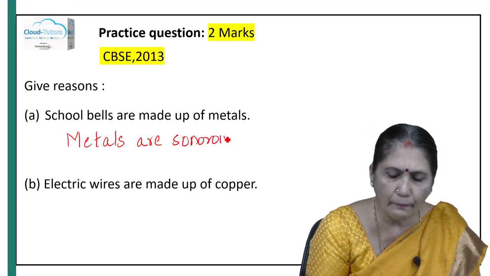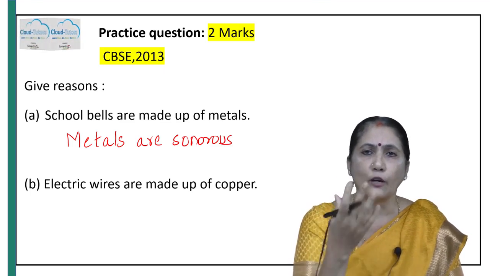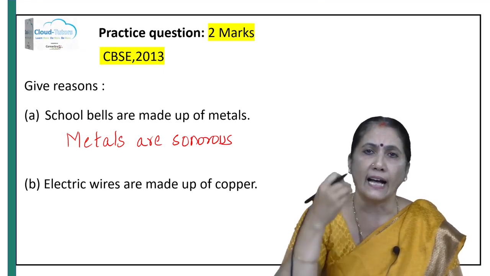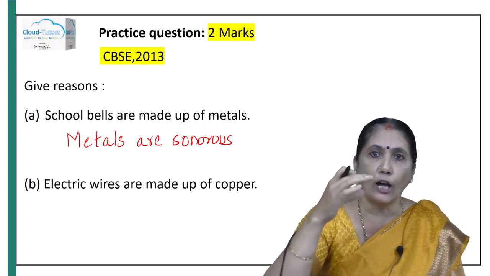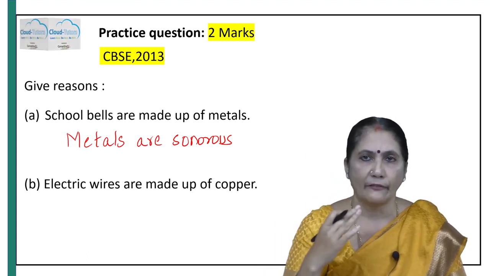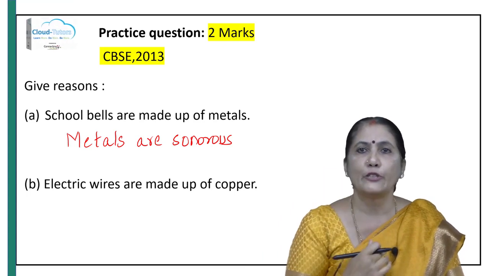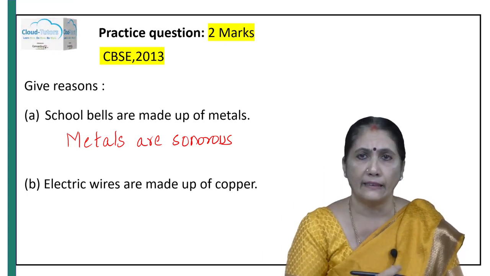They are able to give you the metallic ringing sound very easily, and school bells are definitely made up of an alloy which is containing metals, which produce metallic ringing sound. That alloy which is used in the school bell is actually called as bell metal.